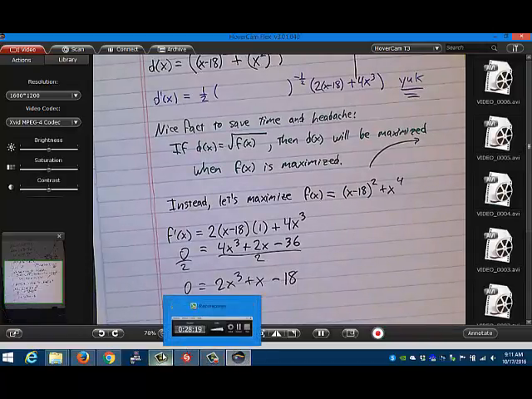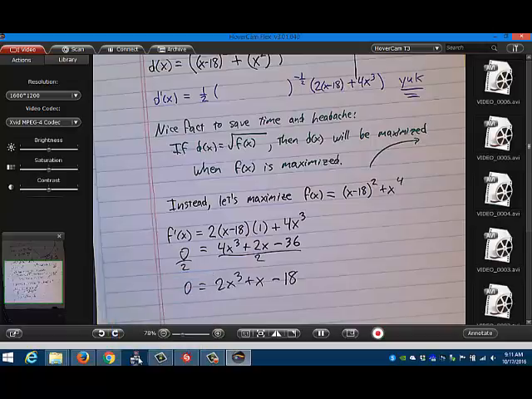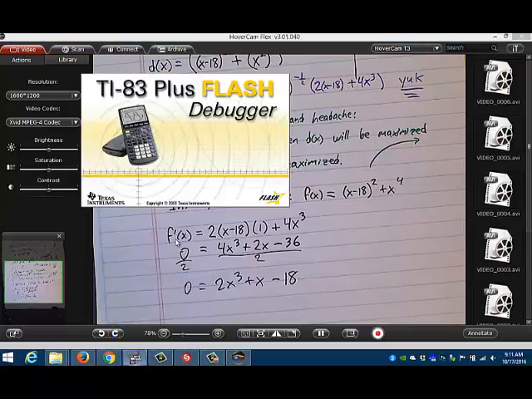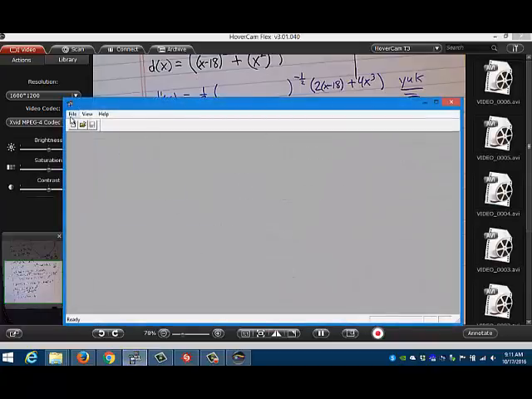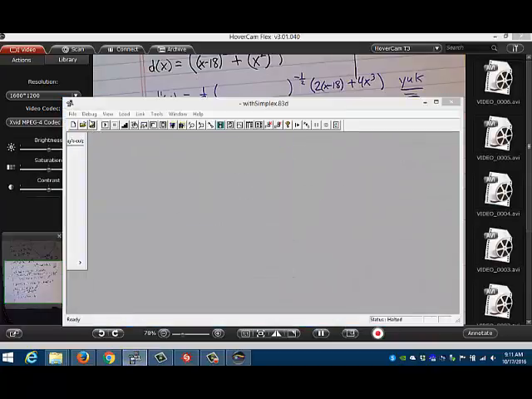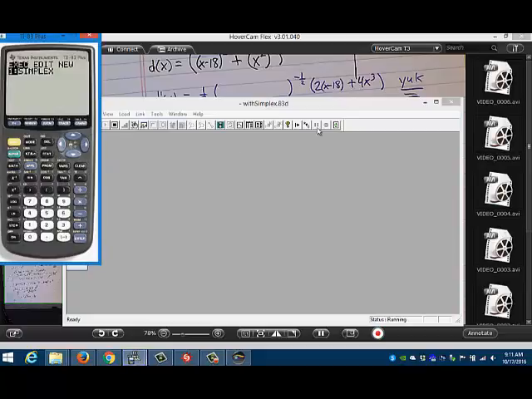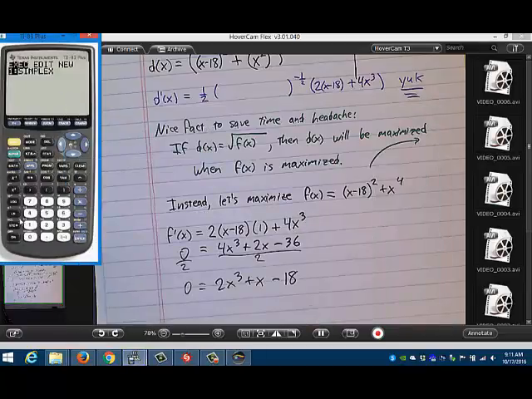Let's try this. I'll pull out the calculator. I'll type in y equals 2x cubed plus x minus 18 and go from there. So let's see.